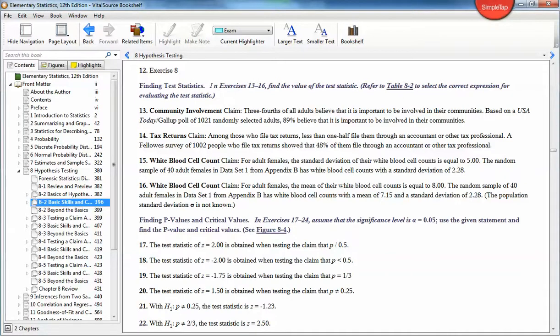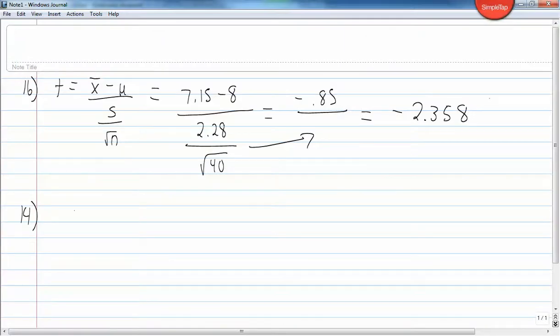And this is a less than 1/2. 1/2 is a probability, I'm sorry, a proportion, isn't it? A fraction. Less than 1/2. That's a proportion. So p is less than 1/2.